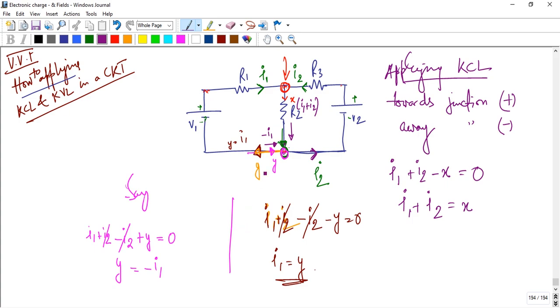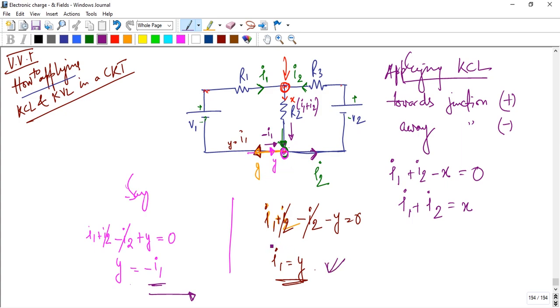So our assumption is that the current direction here is in that direction, but it comes out minus I1. If I change it, the actual direction is the opposite direction. So y equals minus I1 in that left to right direction, but here the original direction is right to left.